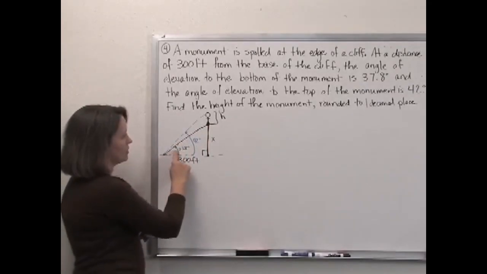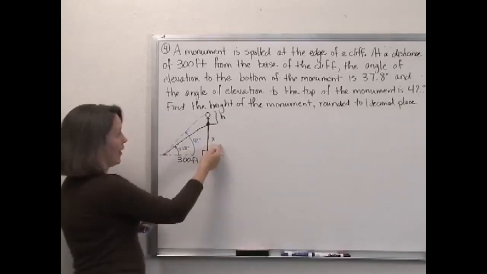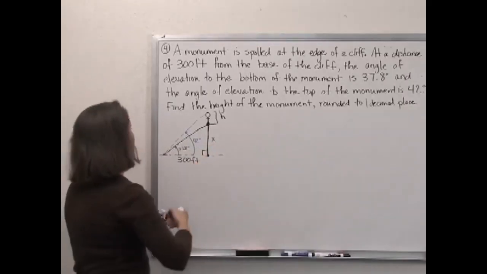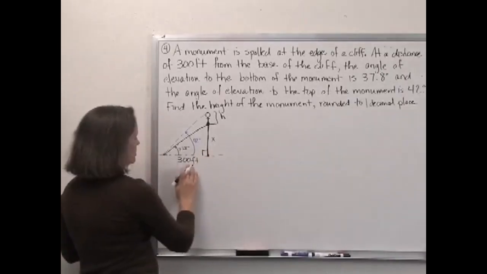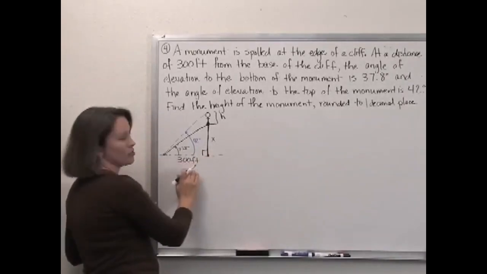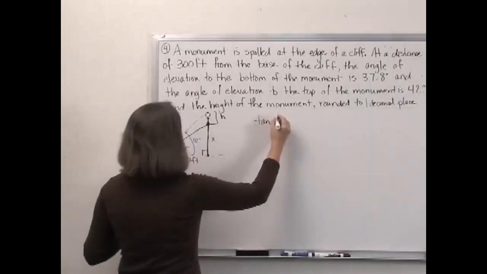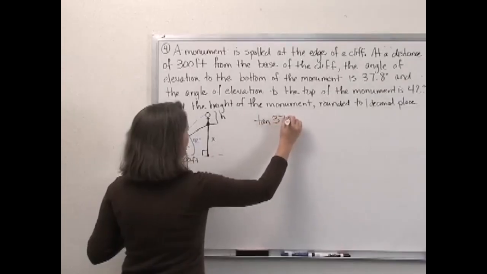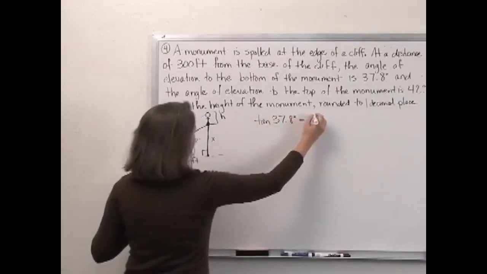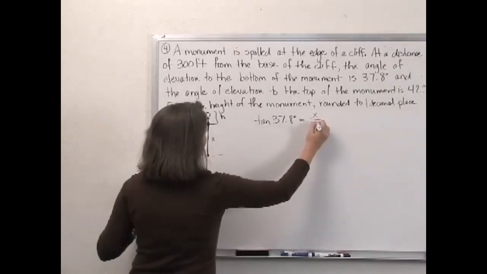What side is opposite 37.8 degrees? That's our x that we don't know. And the adjacent side is 300, so we're going to use tangent, opposite over adjacent. Tangent of 37.8 degrees is x over 300.